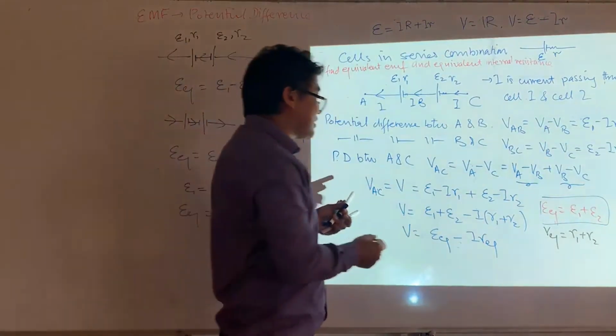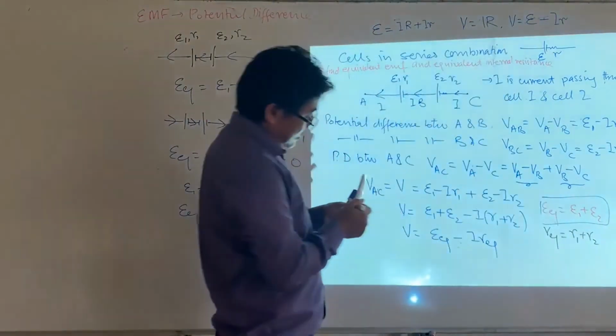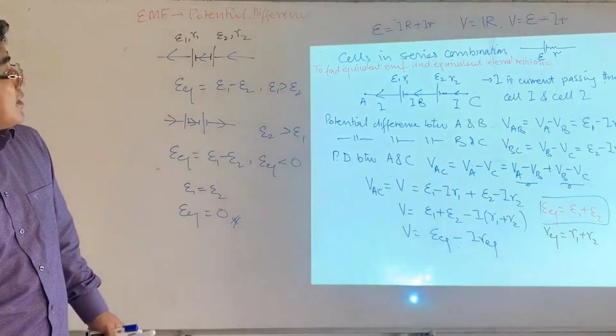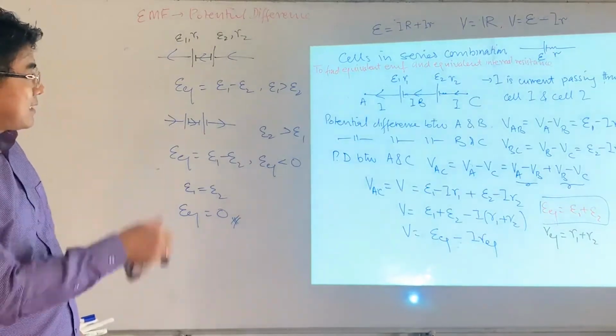And then internal resistance is going to be R1 plus R2. This is what we call cells in series combination.